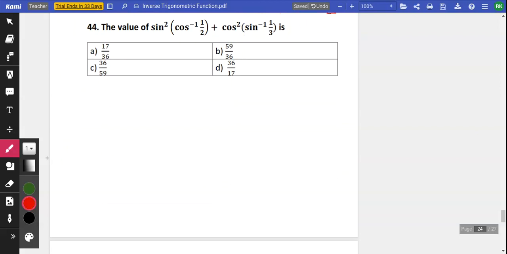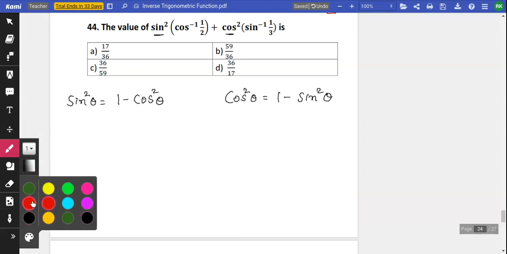Sine square of cos inverse 1 by 2. As we know, sine square theta is equal to 1 minus cos square theta, and also cos square theta is equal to 1 minus sine square theta. Now in this question we convert sine in terms of cos and cos in terms of sine. Why?